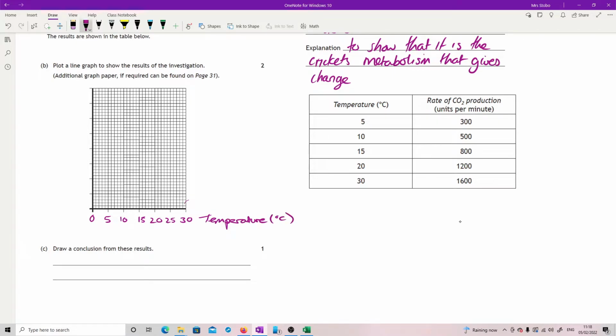degrees C. Now up the side, I know this is a long title, but I don't care, you lift it in its entirety from the table. So you're going to write rate of CO2 production units per minute.